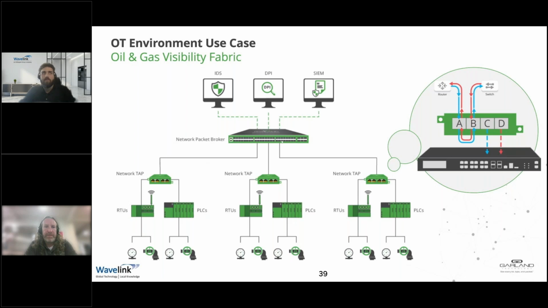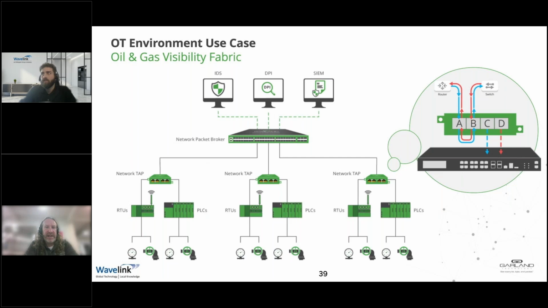We've got a Purdue model here, and as we were just mentioning oil and gas before, Chris, we've got an OT environment use case here. Yeah, so for us, oil and gas is definitely an area that we've been seeing a lot of success in, and we find that a lot of customers are very diligent about wanting to see all the traffic and be able to monitor all their critical assets.